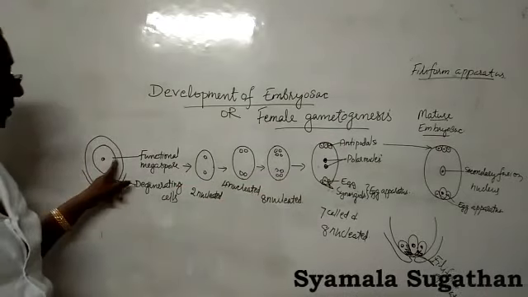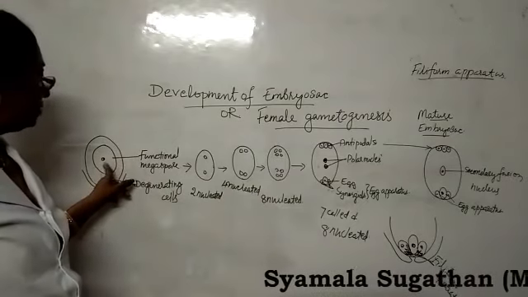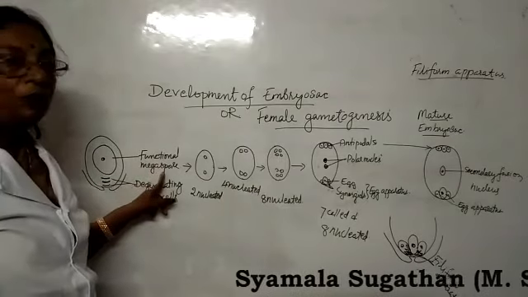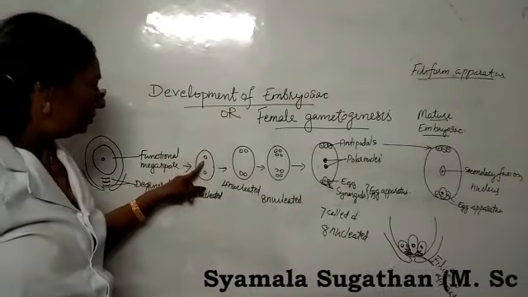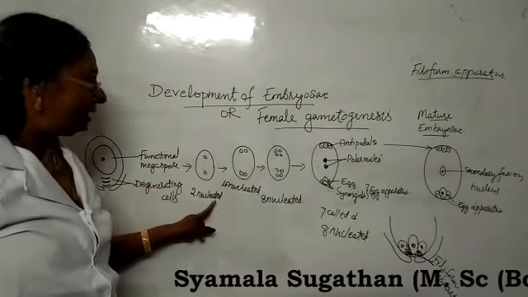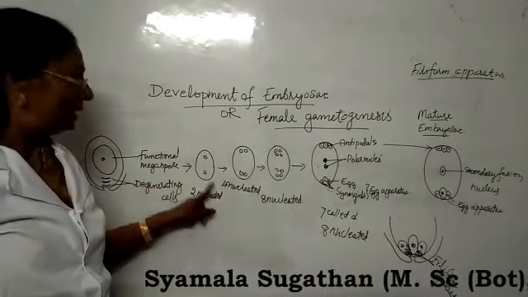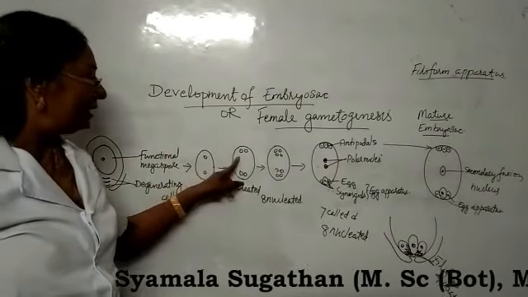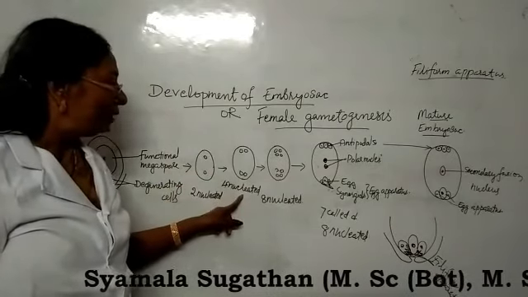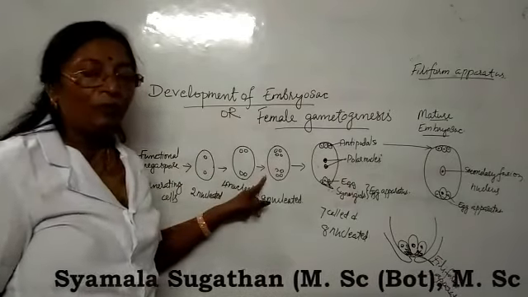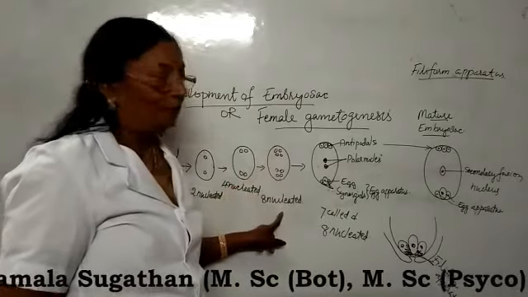First, the nucleus of the functional megaspore divides into two, forming a 2-nucleated embryo sac. Then the second nuclear division results in a 4-nucleated embryo sac. That is followed by the third nuclear division resulting in an 8-nucleated embryo sac.